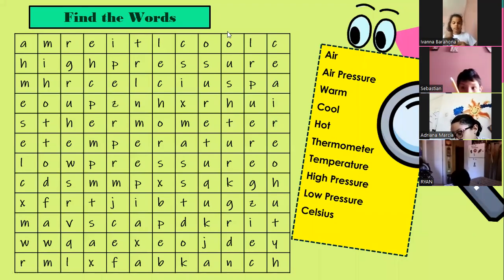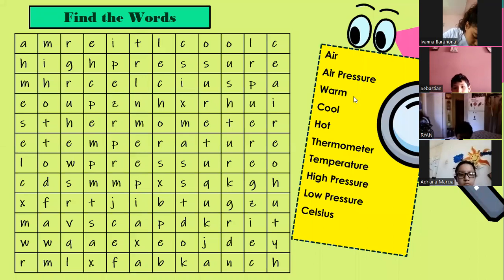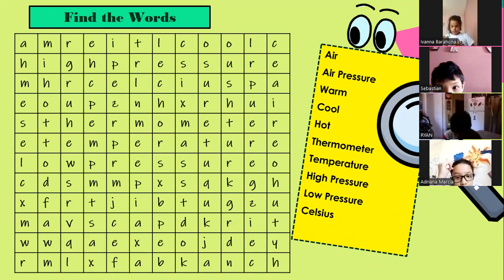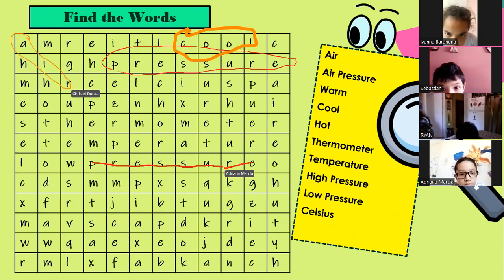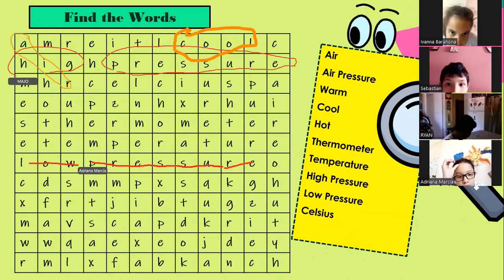Oh, let's do this one. Help me out. Find the words. Wow, you're able. I want to find the word. Miss, I can see one. You are able to make lines. Oh, pressure. Excellent, Maria Jose. Cool, Melanie. Adriana, pressure. Oh, but it's low pressure, Adriana. Exactly.